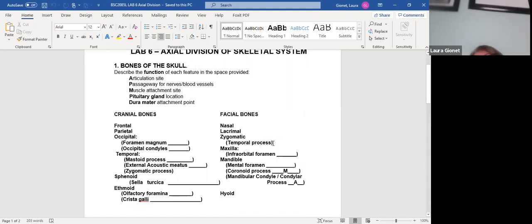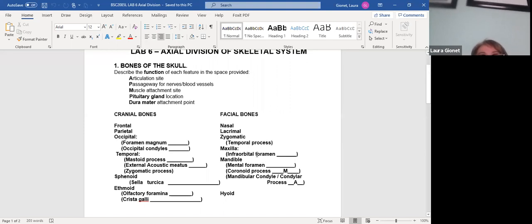Okay, and if asked a function, you could either say A for articulation, just like as we described for a zygomatic process, or M for muscle attachment, because I would accept either one. I doubt I'll even ask you it, but an A or M would be fine by me, because of the reasons I described before.